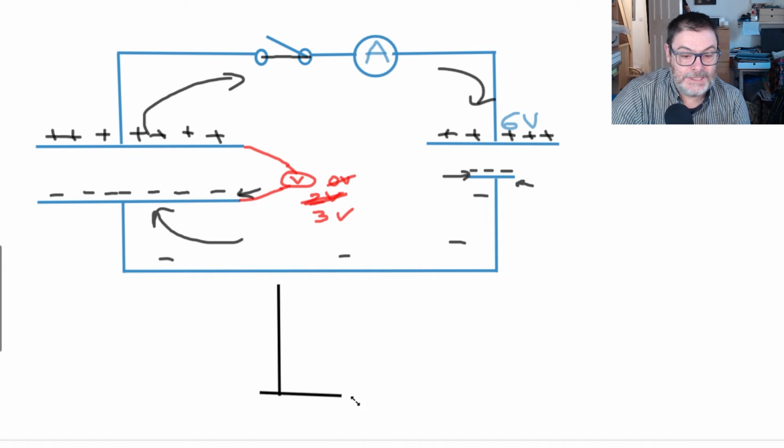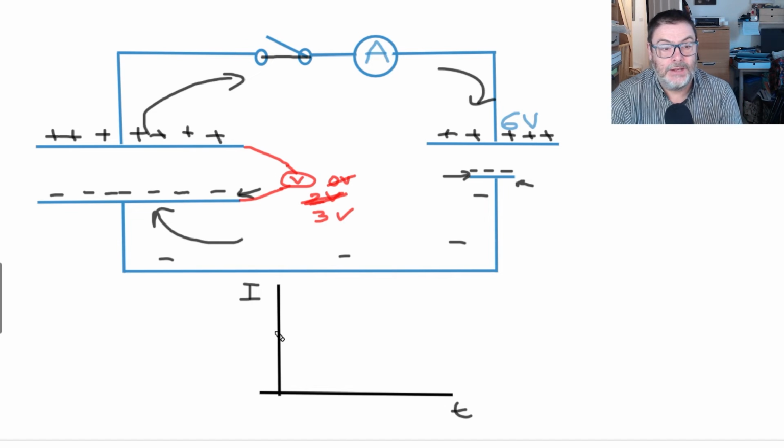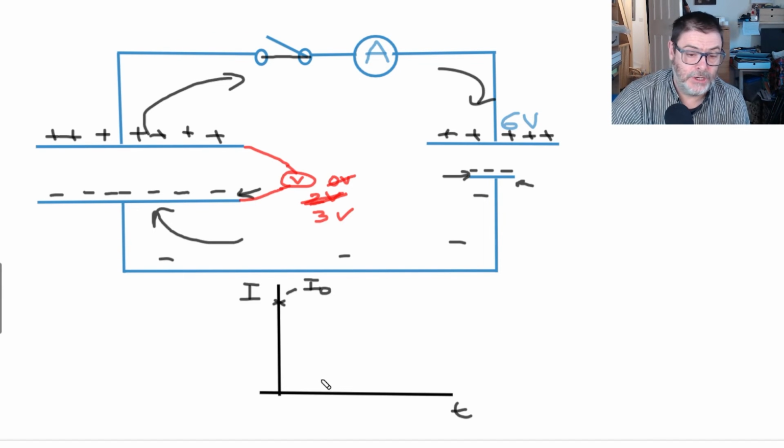Well, what we can say is that when we first close the switch, that's the point at which the potential difference between the capacitor and the cell is at its maximum, so we'll get the most current. So we have a big value here. Now this maximum value is often known as I0, which is kind of an odd name for it really, but there we go, we're stuck with it.